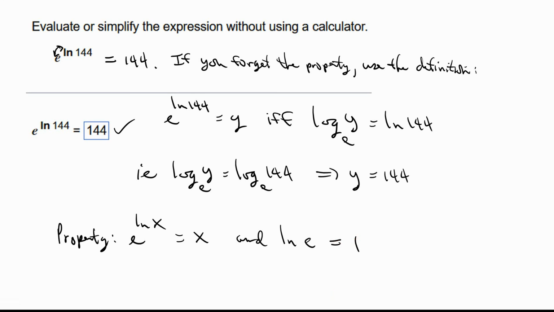So we get the inverses, right? Pretty cool stuff. Also, the natural log of e to the x is equal to x. You can bring the x down, so you have x times the natural log of e. Natural log of e is 1, so you get x times 1.